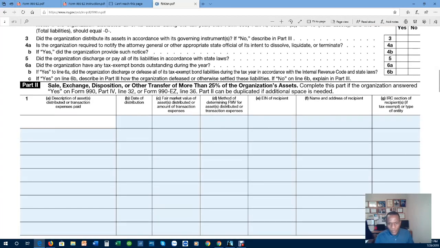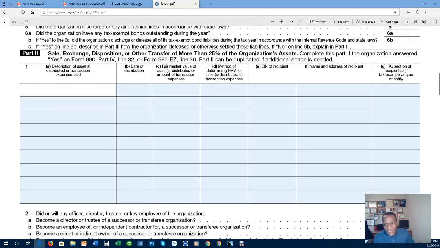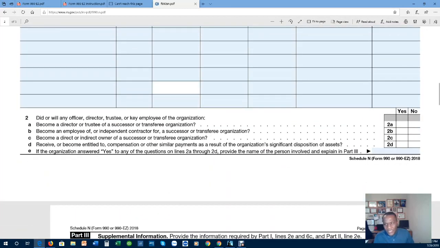Part 2 covers sales, exchange, disposition, or the transfer of more than 25% of organization assets. So you have to know whether the disposition or transfer of any asset was 25% of the organization's assets. Then the description of asset distributed or transaction expense and so forth is very explanatory, and you answer the same questions here.